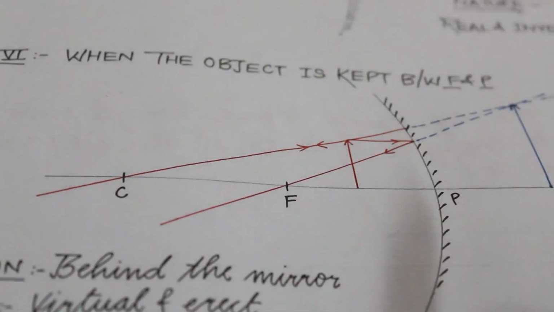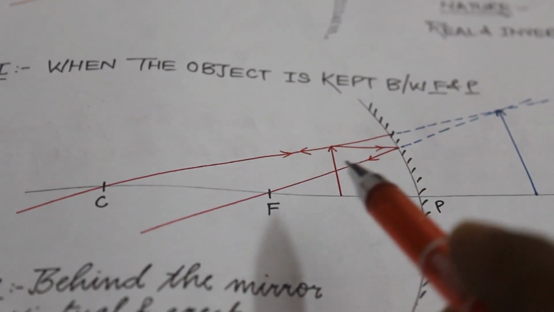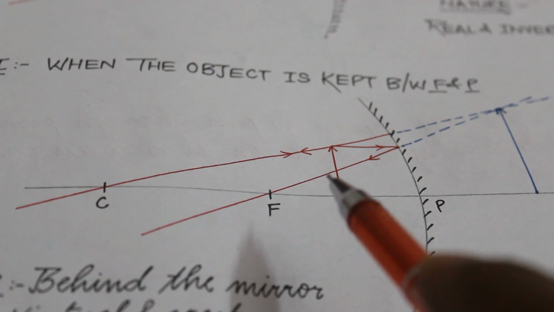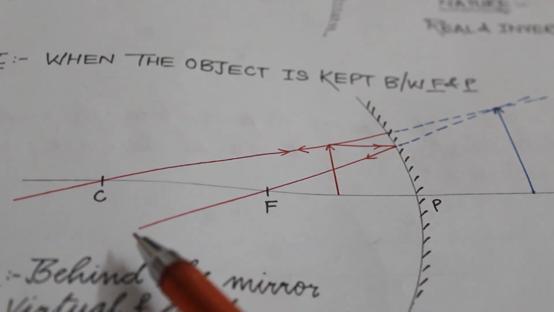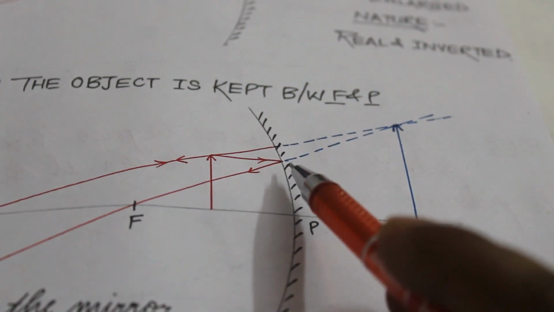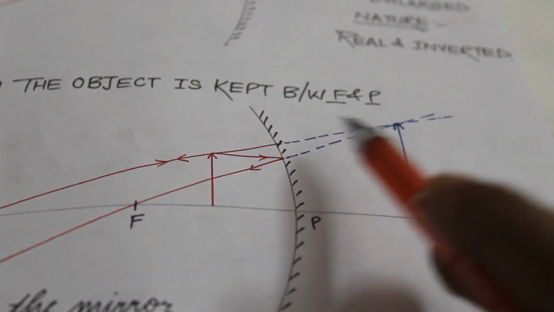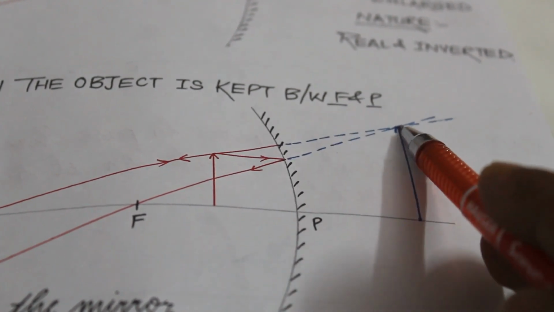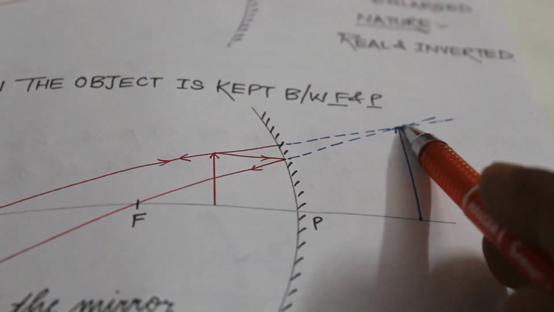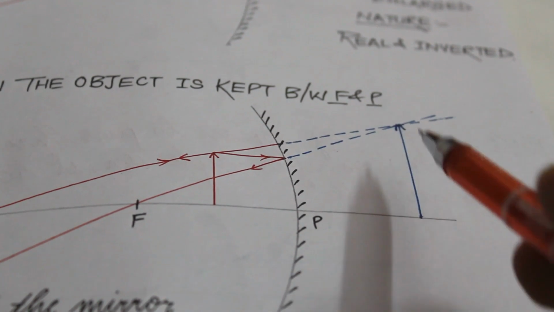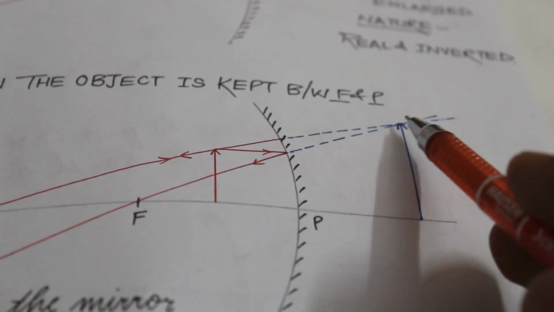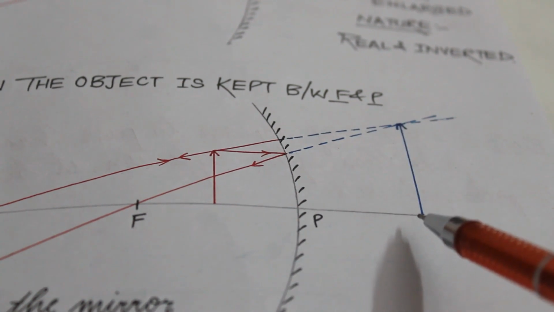They are moving away from each other. If they are moving away from each other, it means they must have started from a point. Now how to find out that point? What we'll do is we will retrace back these lines in the form of dotted lines, and you can see that these two lines will appear to meet at a point. And whenever they appear to meet at a point, the image will be formed, as we have already discussed. Since they are not actually meeting, the image formed will be virtual and erect.